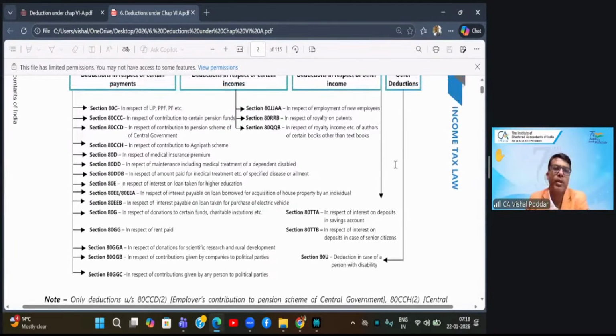Now comes a very big question or challenge which people always pose to me. Okay, sir, how to remember the section numbers here? Because as you can see, all sections are section 80 and only the ABCD changes. Here, I always say that remembering alphabets is simpler than remembering plain numbers.